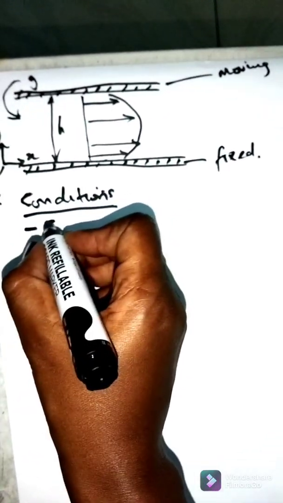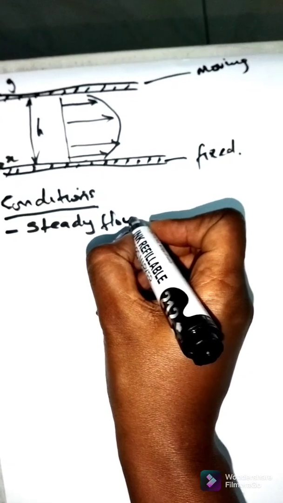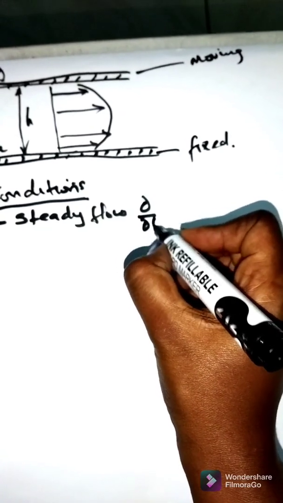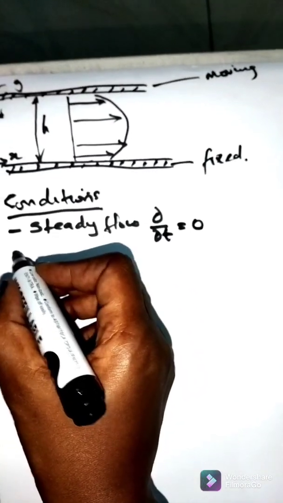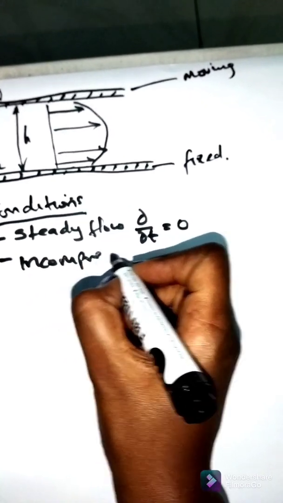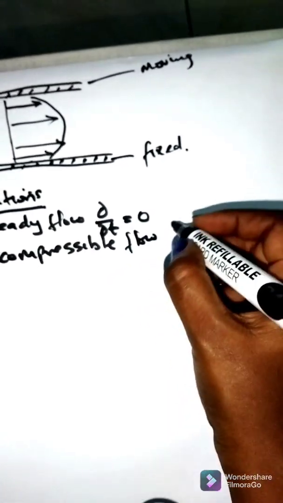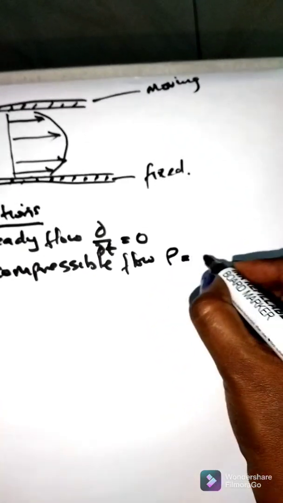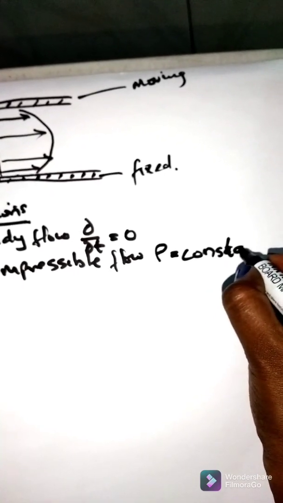Now for steady flow, the partial derivative with respect to t is 0. Then for incompressible flow, the density rho is constant.